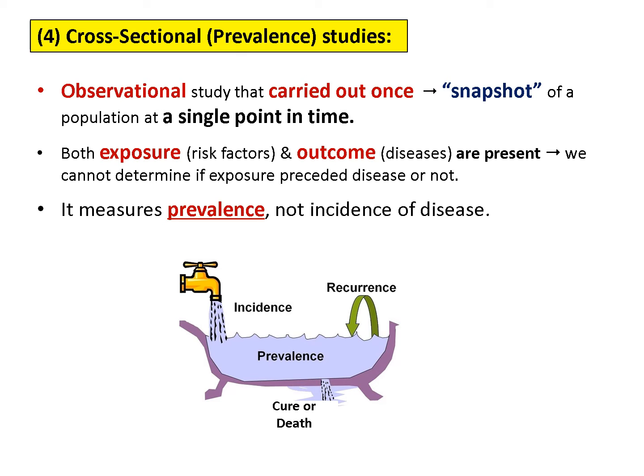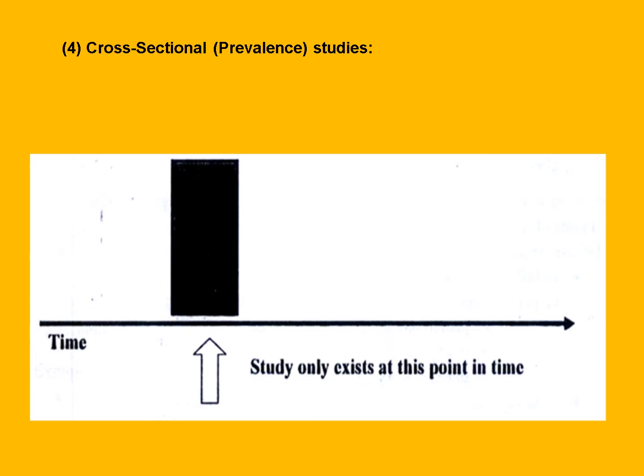In this setting we detect how many students have diabetes now, but we can't detect the newly diagnosed cases, which means the incidence of the disease. So in a cross-sectional or prevalence study, we detect the exposure and outcome from one setting.